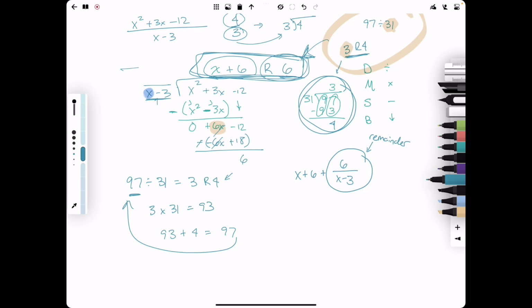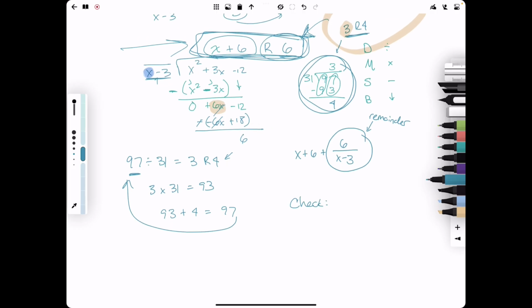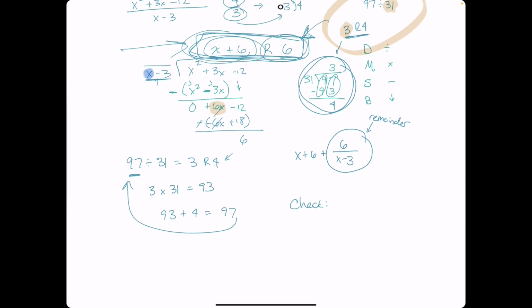So we could do the same thing with this big complex polynomial. I could say, to check it, you can say your answer, x plus 6, times your divisor, x minus 3, then you're going to add your remainder, plus 6. So with this first part here, you need to FOIL. X times x, x squared.